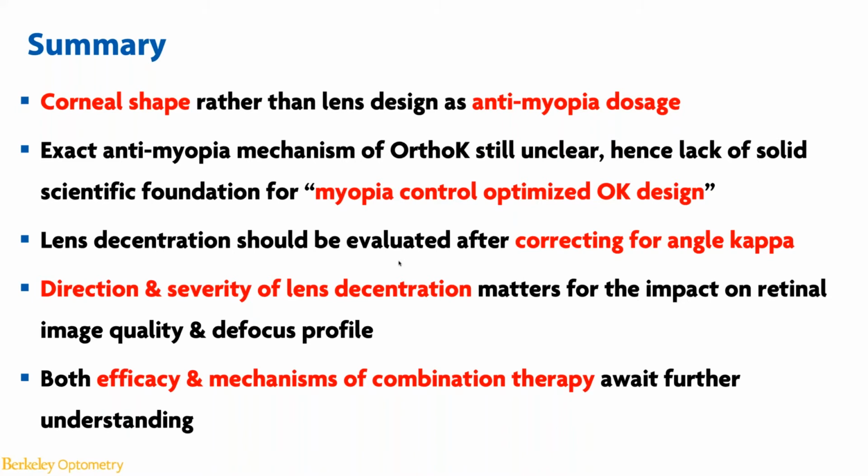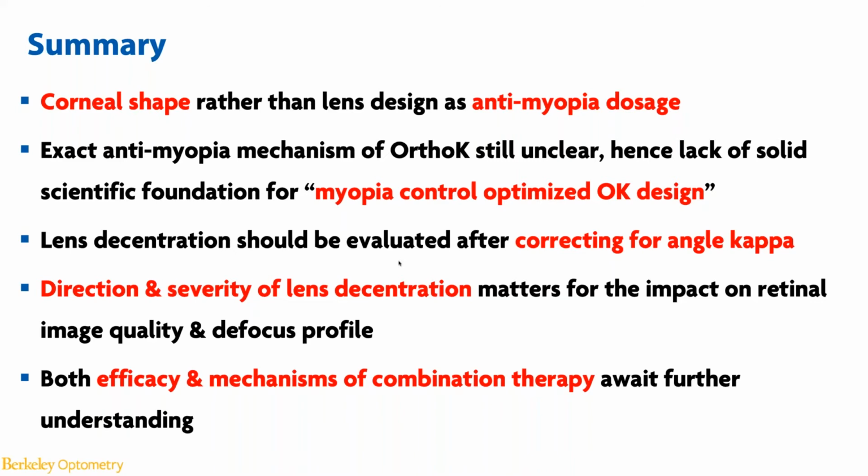This is especially important for ortho-K studies because what is actually changed on the cornea is the anti-myopia dosage rather than the optics of the lens. And currently, we still don't know enough about the exact working mechanisms of ortho-K in myopia control. So the scientific foundation for myopia control optimized ortho-K design is still lacking.